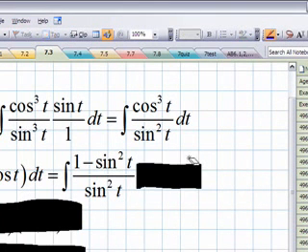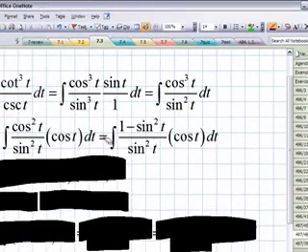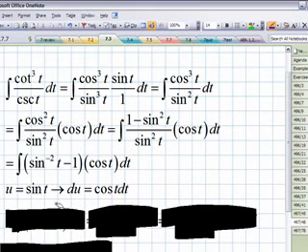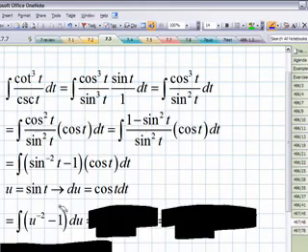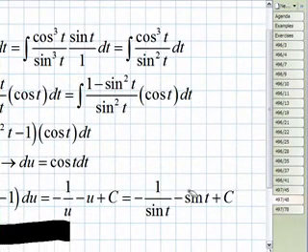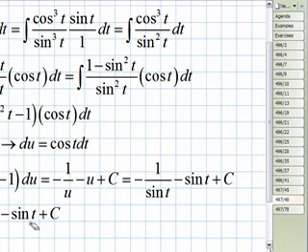This is just one idea. So now what I can do is combine this together by dividing. So this is sine to the negative 2. This cancels to 1. Now if I make my u equal to sine t, here's my du. I can rewrite my integral in terms of u's. Now I use power rule again and plug back in what I have for u. And then finally I can just rewrite it a little bit to look like this.